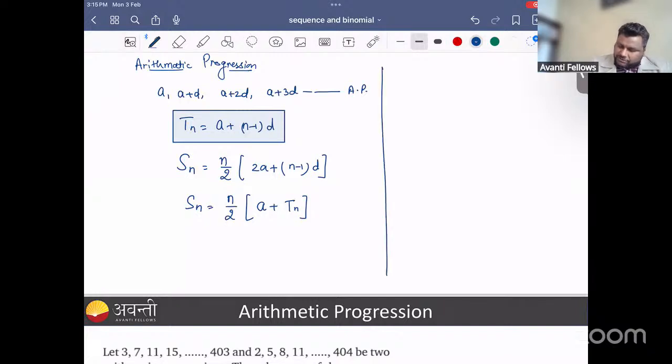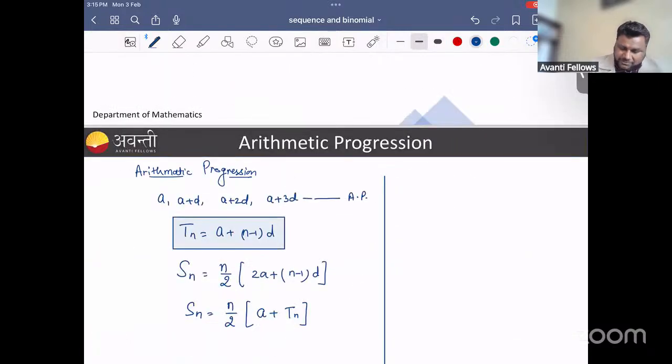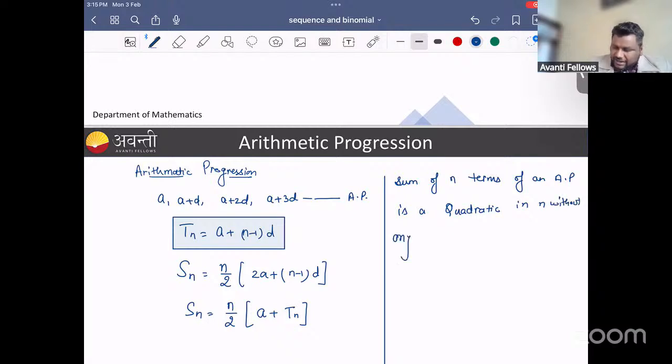Now a few small things about it. Sum of n terms of an AP is a quadratic in n without any absolute term.